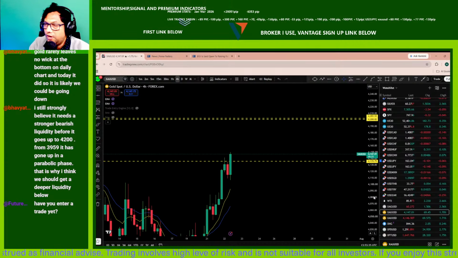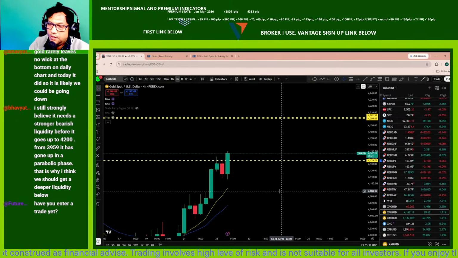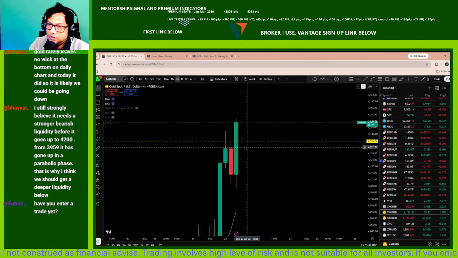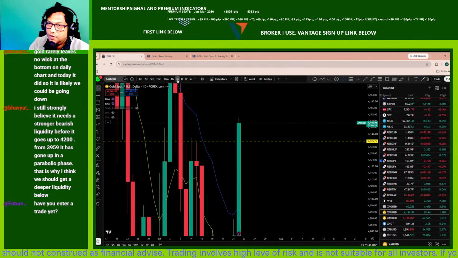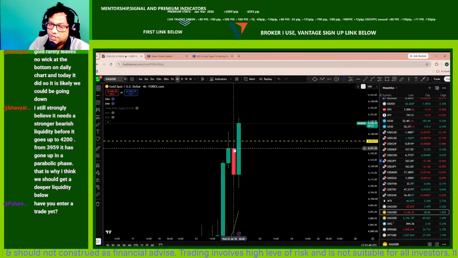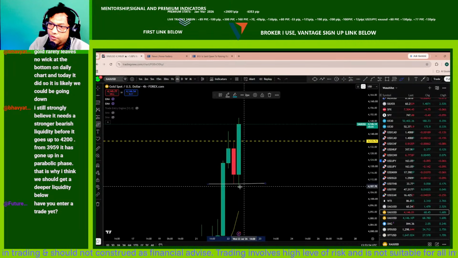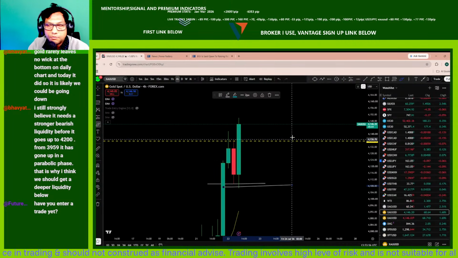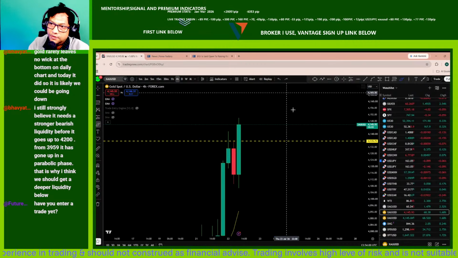Okay, now if I look at the 4 hour, you can see the price action on this time frame. After the red candle, the price breaks below here a few times, and after that the market has broken.